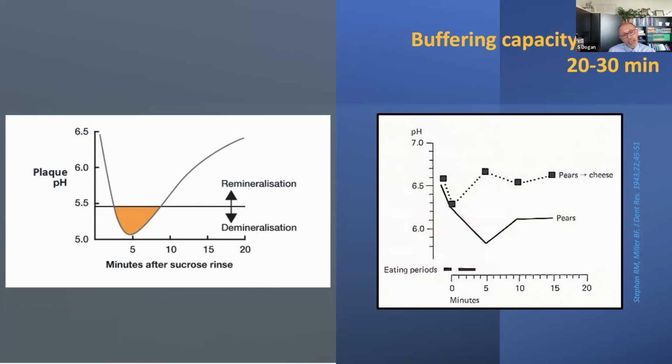Now, we know that when the pH drops to 5.5, then we see demineralization in the coronal portion where the enamel is. But if we have a root exposure and gum exposure, and the root surfaces are visible to us, that demineralization starts around 6.5, which is very close to the neutral zone.